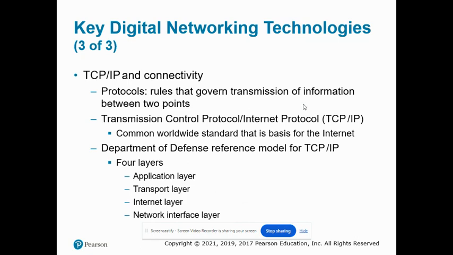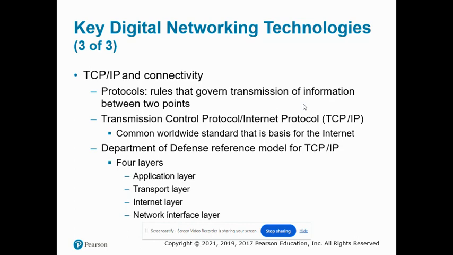In the past, many diverse proprietary and incompatible protocols often force business firms to purchase computing and communications equipment from a single vendor. But today, corporate networks are increasingly using a single, common, worldwide standard called Transmission Control Protocol/Internet Protocol, or TCP/IP.